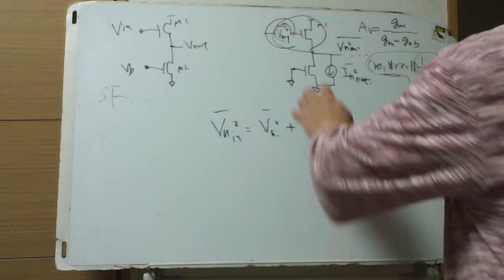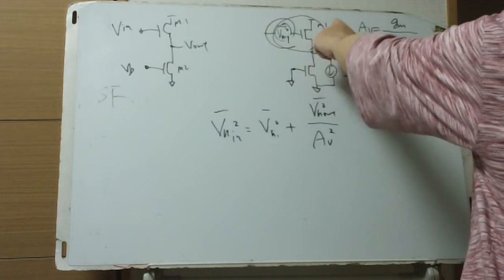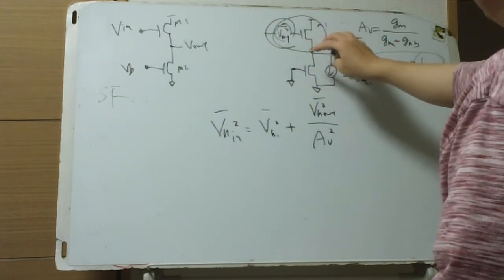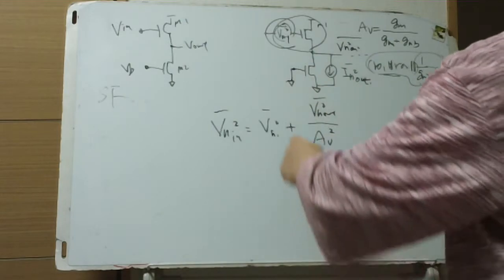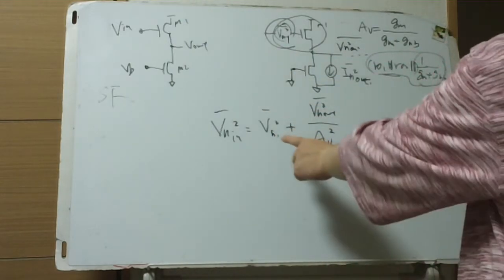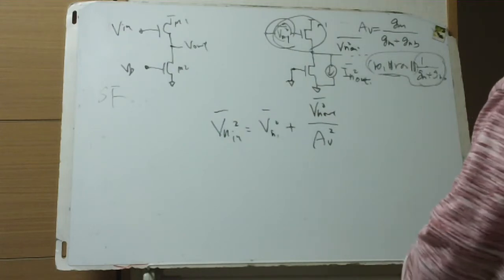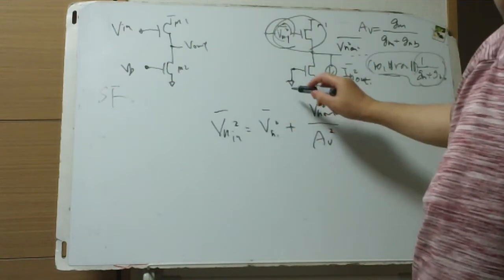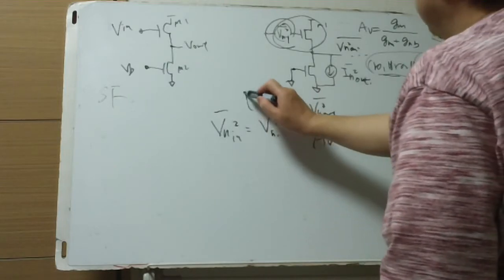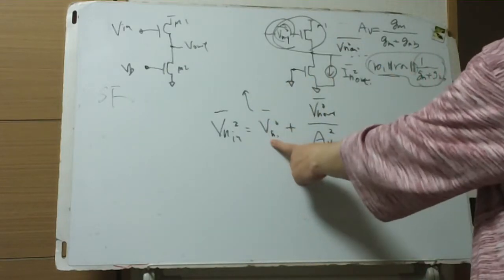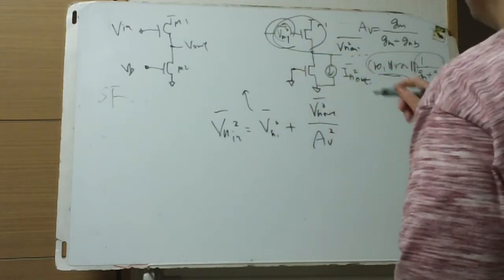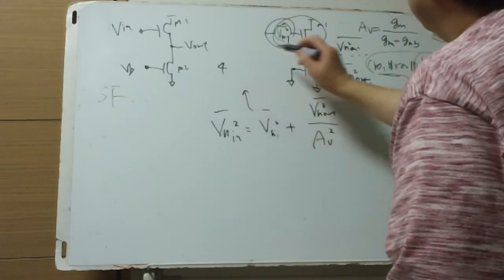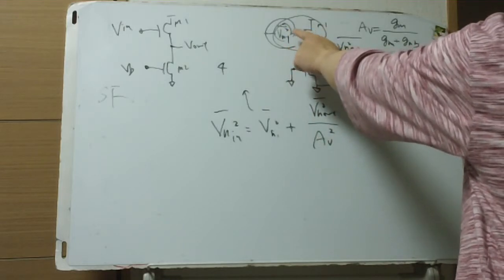There are two ways. Just represent it with current noise added up, multiplied by Rout and divided by Av squared, and get the input-referred voltage. The gain is captured easily, but this is simpler. Separating those two, we know from the lemma this is the N channel, gm, and this is the input gate.